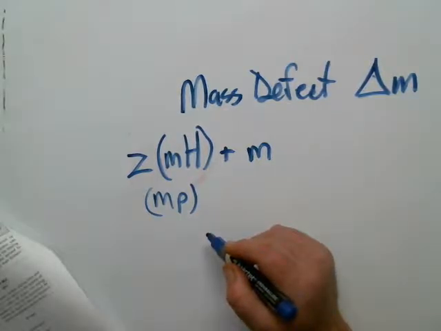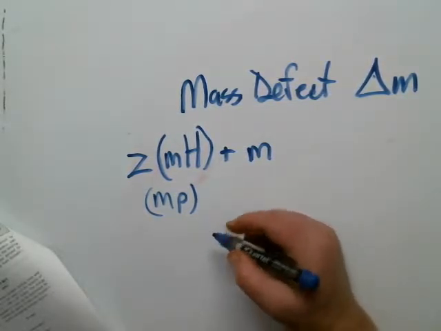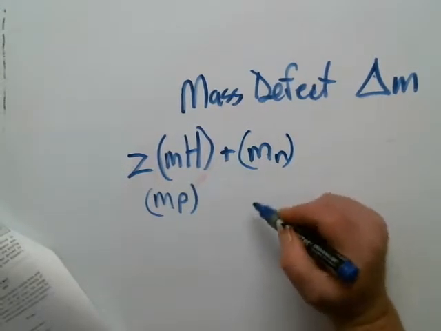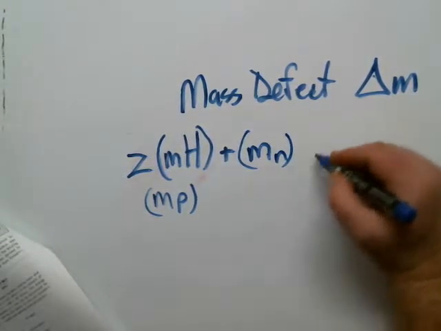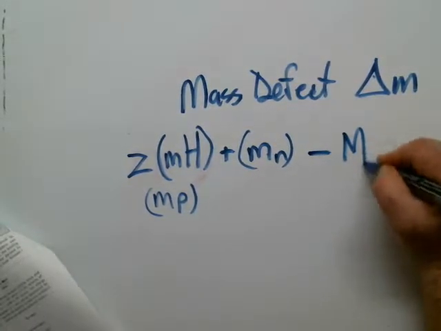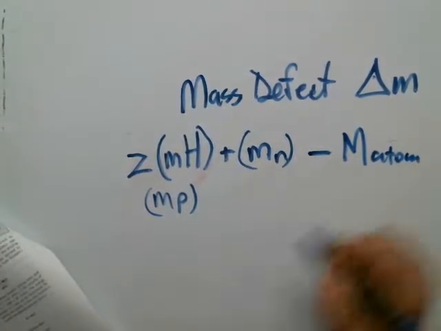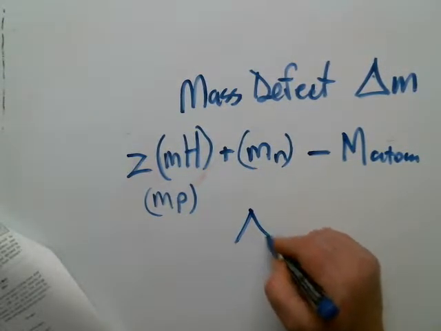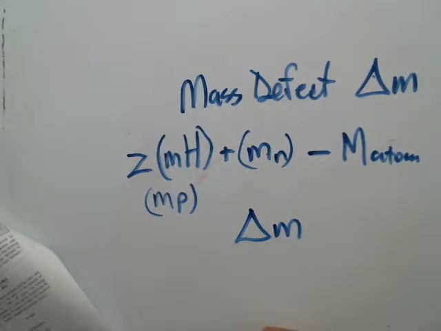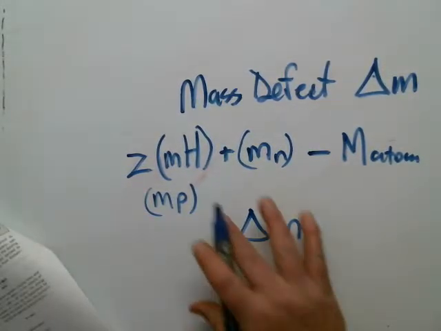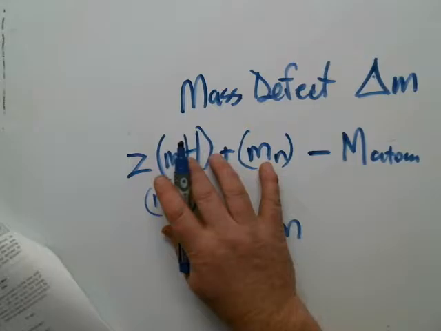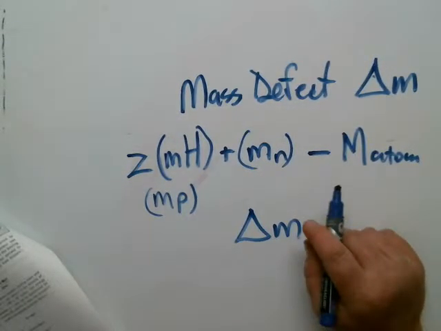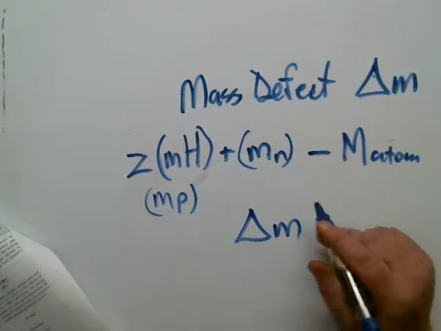Plus, I'm going to take the mass of the neutrons all together. So I've got protons plus neutrons mass. Then I subtract the mass of the atom, and I end up with a difference in mass. That's called the mass defect. They're not the same. The mass of these constituent components was greater than the assembled atom. That's a mass defect.